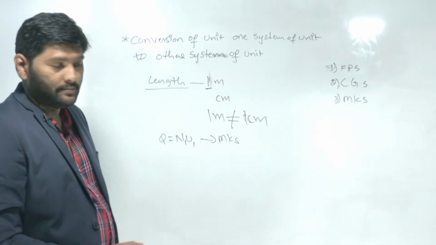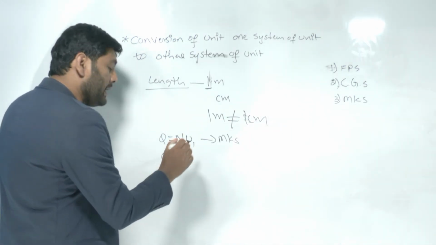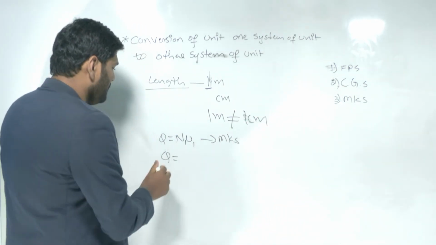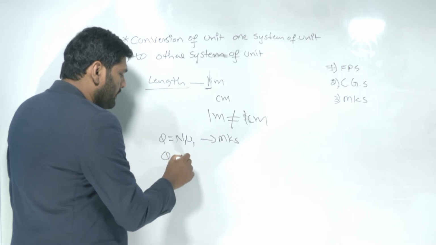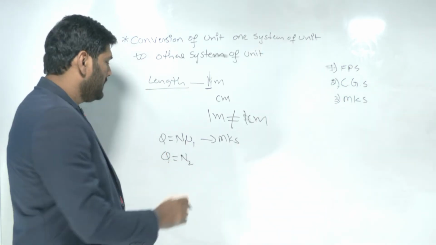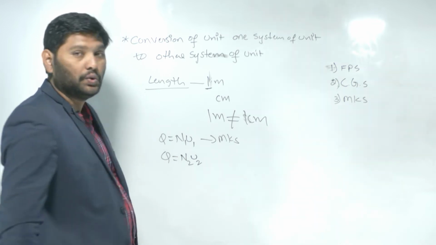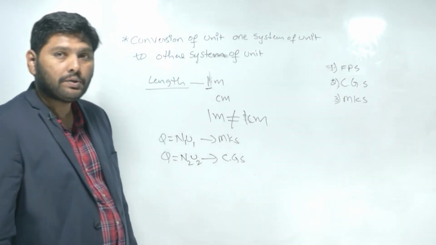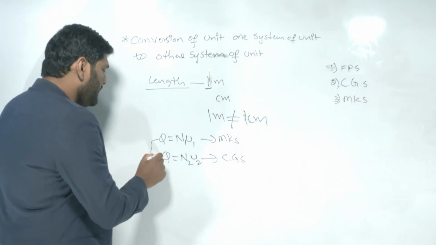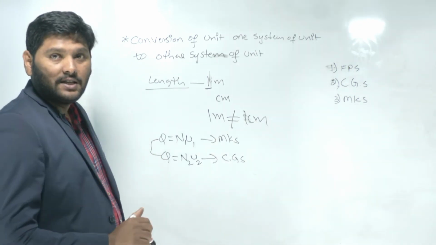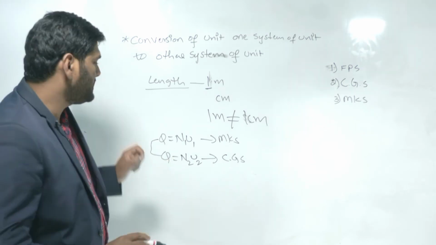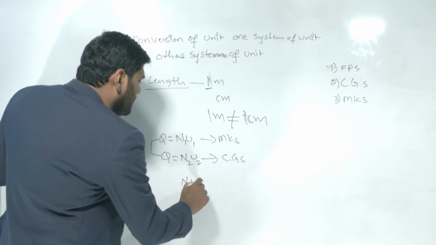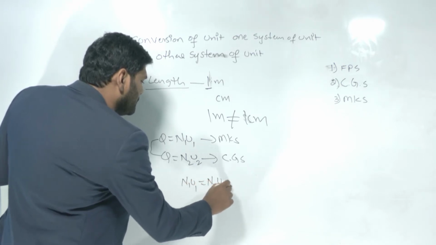In the other system, the same quantity, which cannot be changed, is equal to n2 u2, in CGS system. But here, this quantity remains the same, isn't it? When the quantity remains the same, you can write n1 u1 is equal to n2 u2.